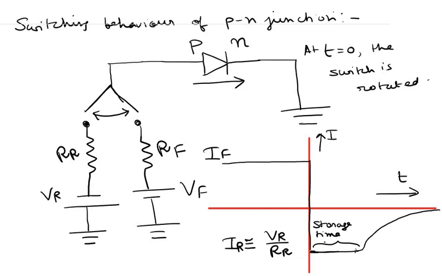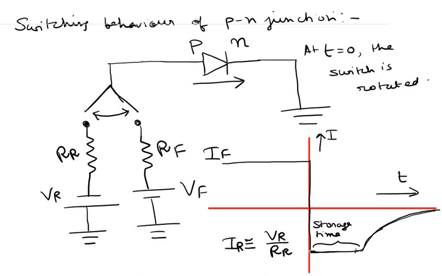As the excess minority carriers become equal to the equilibrium minority carrier concentration, this current starts to decrease, and when the minority carrier concentration just outside the depletion region becomes approximately 0, this current also goes to 0, and then the diode behaves like a reverse bias diode in steady state.